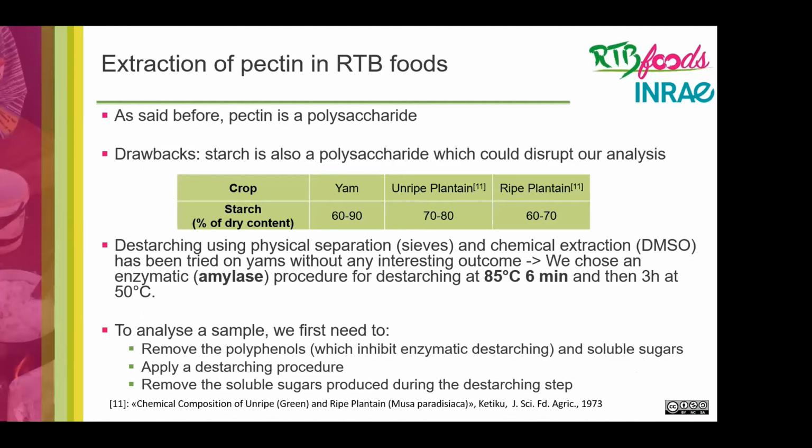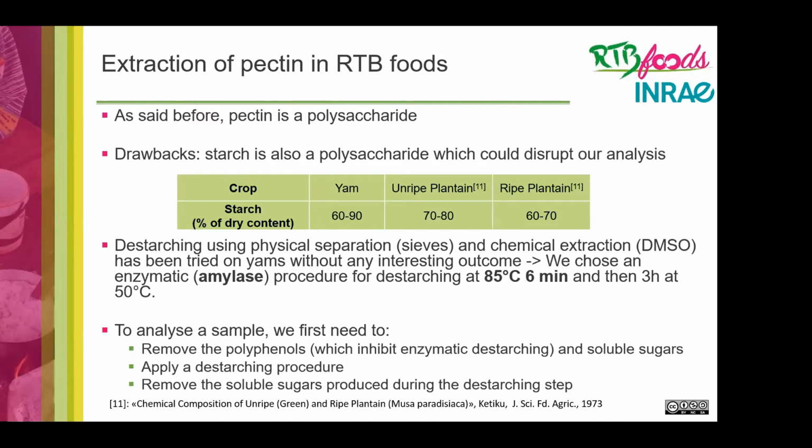As said before, pectin is a polysaccharide. The issue with RTB food is we have another polysaccharide which is much more present, and it is starch. In ripe plantain or in yam, we have between 60 and 90% of starch in the dry content. So it's really too much for our analysis methods.